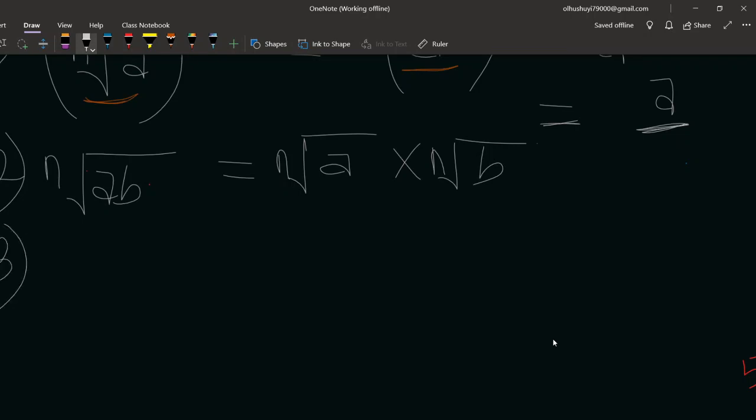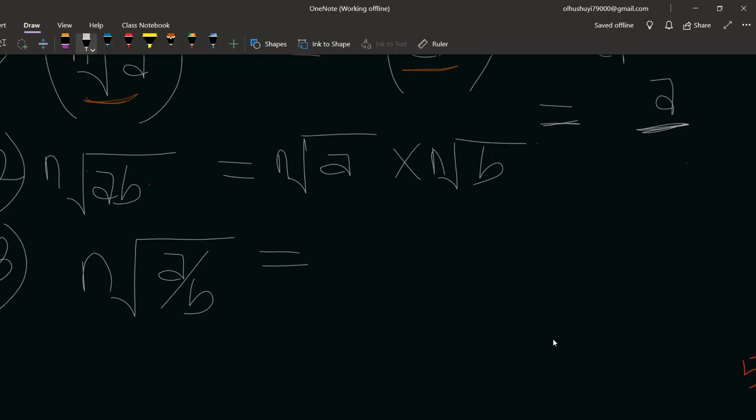Similarly, 3, you have the nth root of radicand A divided by B, that will become what?